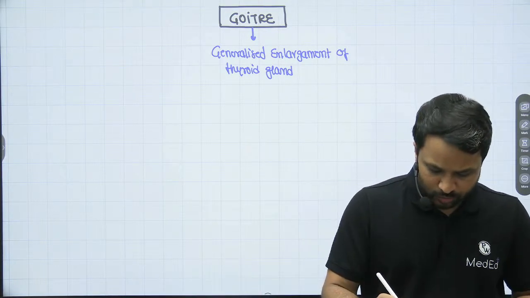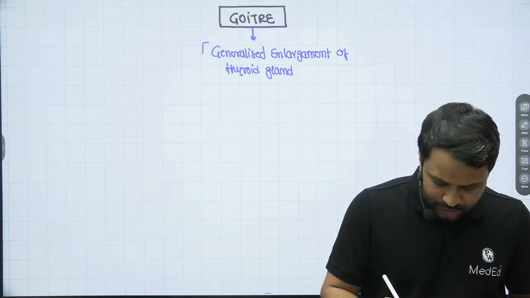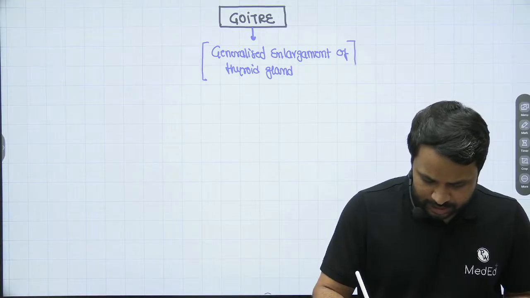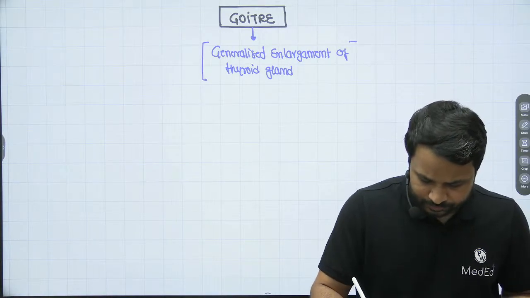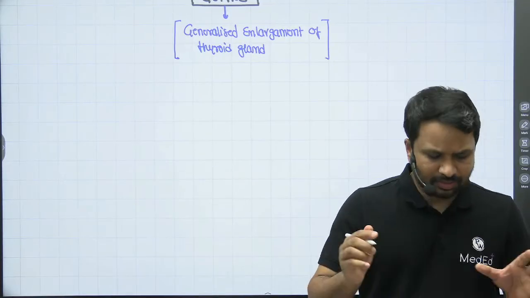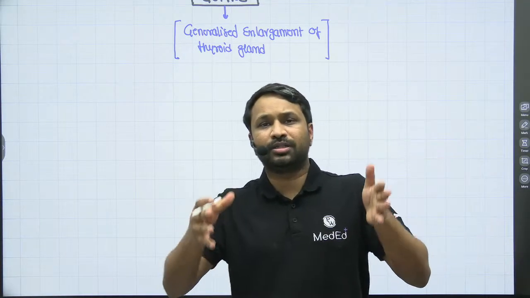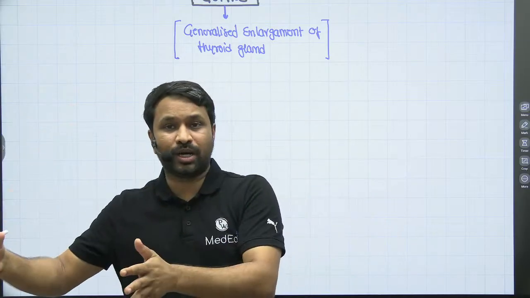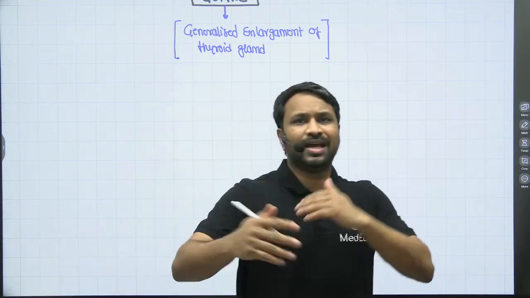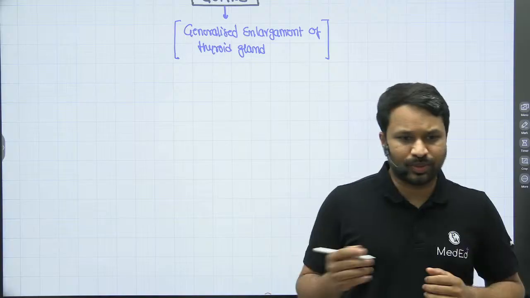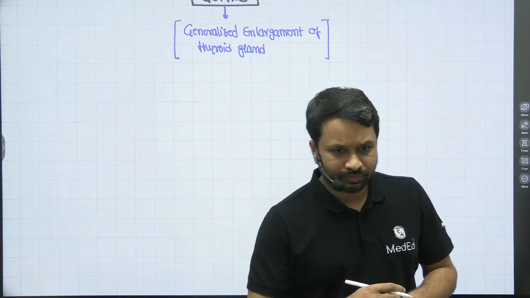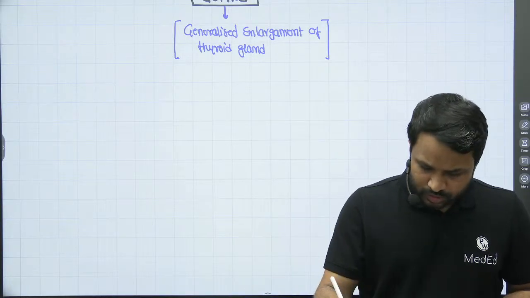We'll be talking about why this generalized enlargement occurs in the thyroid gland. We'll try to understand the basic causes for the goiter, initially how a thyroid gland converts into a thyroid swelling called goiter, and then how it translates into different forms of swelling as well. So let's begin with the causes.